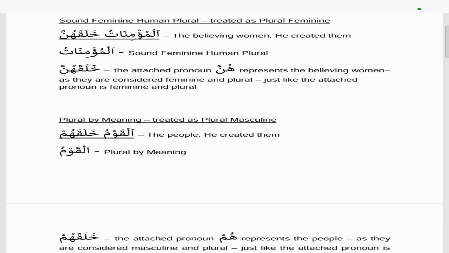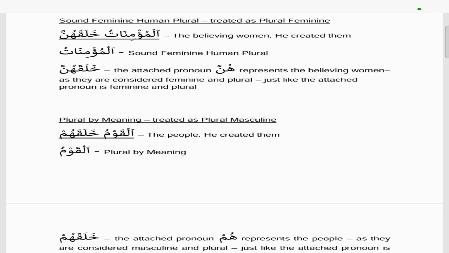It's sound because the original mu'minun single version is still there, and only extra letters have been added to the end. So it's not broken, it's sound. It's feminine because of the ending combination, the alif and the ta. So it's feminine. And obviously it's human because we're talking about believing women. So it's sound feminine human plural.